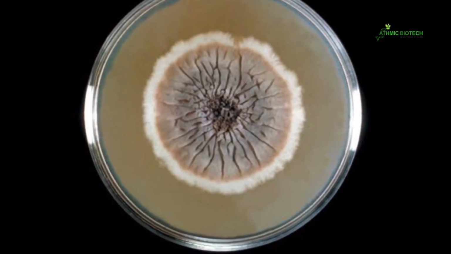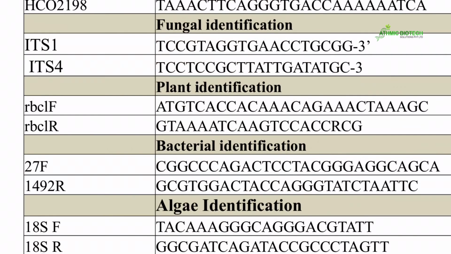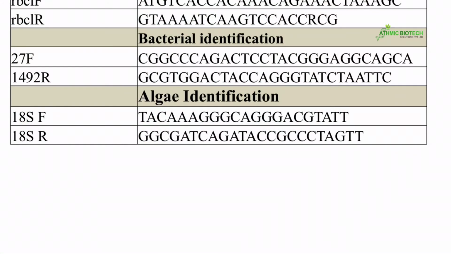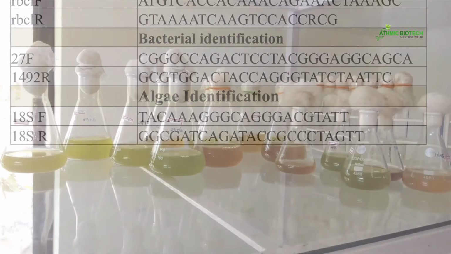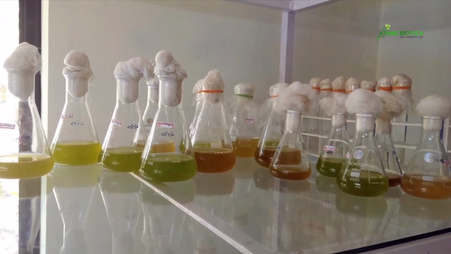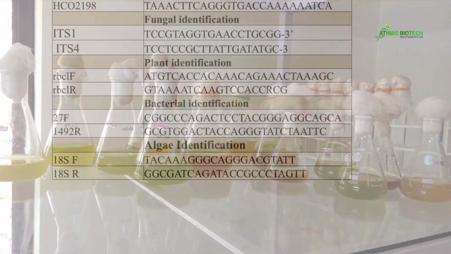Then rbcL, the Rubisco large subunit, which is used for identification of plants. Bacterial identification I have already mentioned: 27F and 1492R. For algae identification, again we can use 18S. These primers are right now available with us.